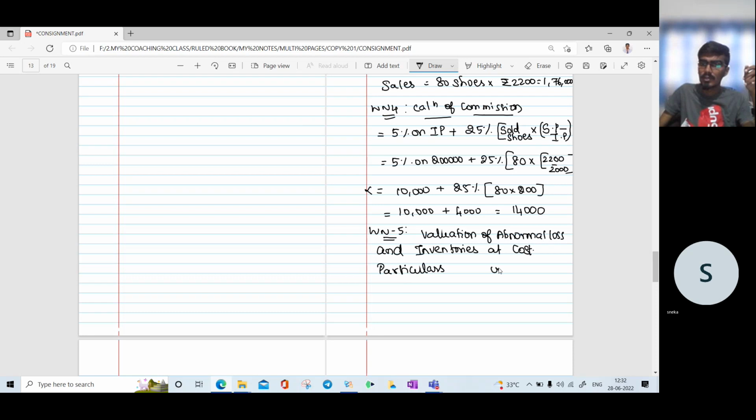Particulars, units, amount. Particulars: goods sent on consignment at invoice price. How much? 100 units, 2 lakh.